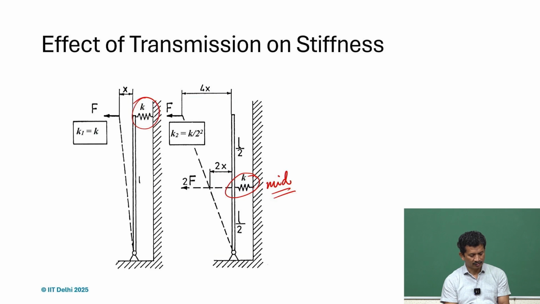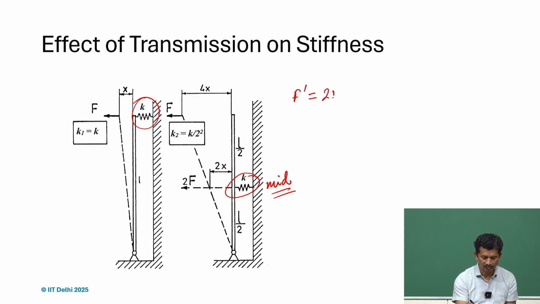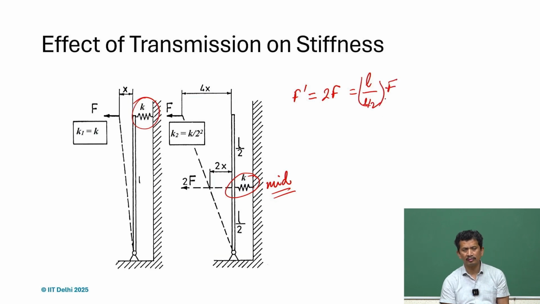Very easy to work out, but we realize that the force F prime here is n times F, because A is basically L and B was L by 2. So, L cancels and 2 goes up, and we get 2F.